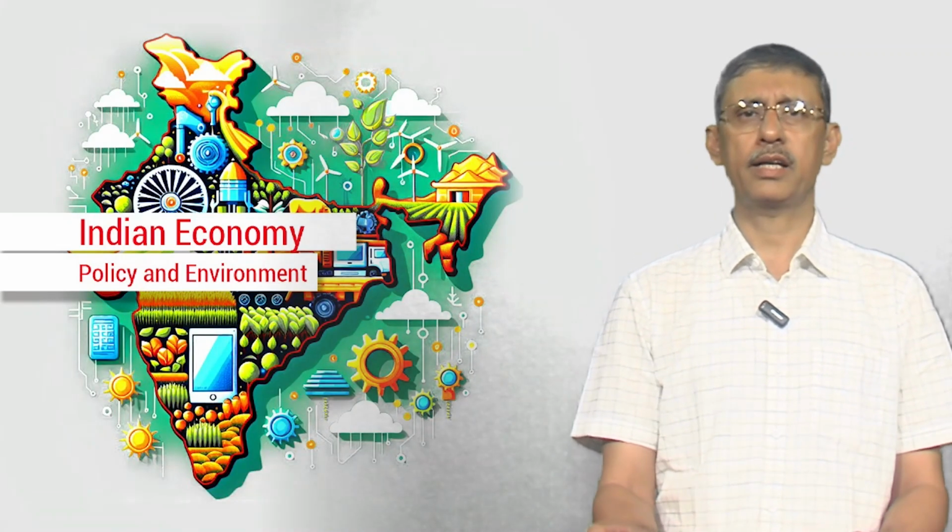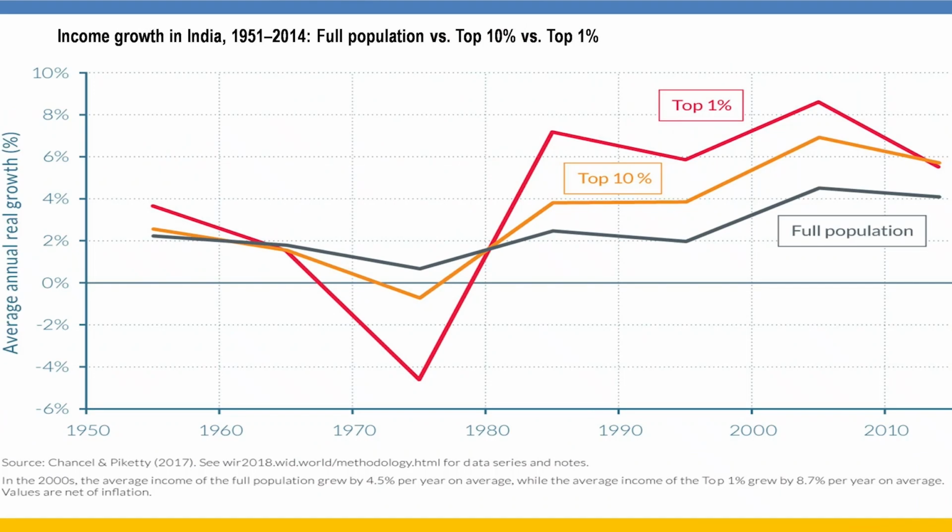Now, if you look at the income growth of the population, then you will see this graph. You see that the income of the rich has grown much faster compared to those at the bottom. And that is where we have to see the kind of growth process that is taking place.